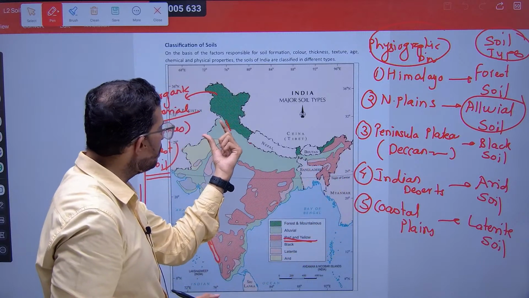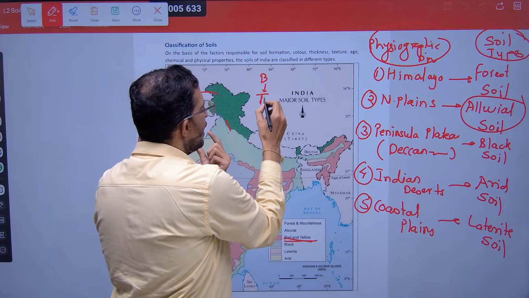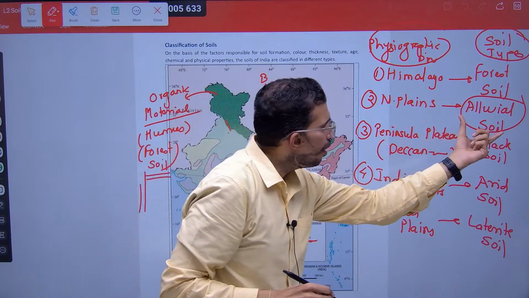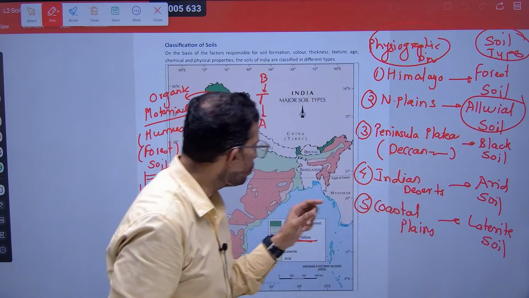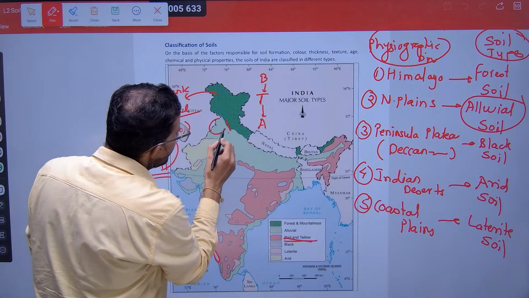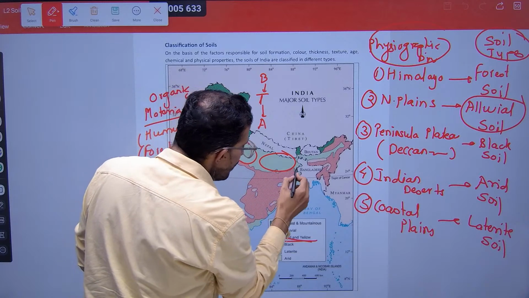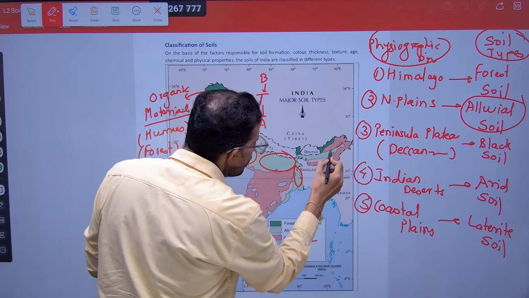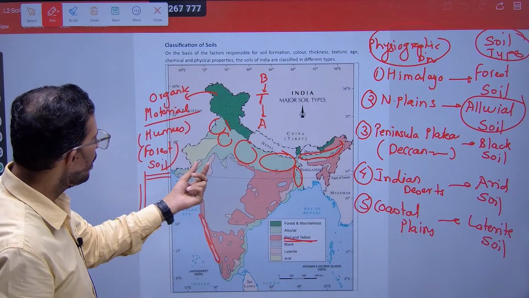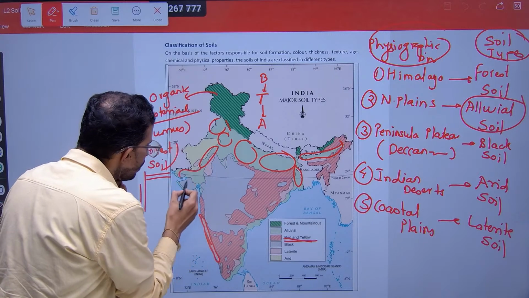So in the northern plains we have seen the Bhabar region, then Tarai region and the alluvial region, and this alluvial region corresponds to the formation of the alluvial soil. The geographical extent is Punjab, Haryana, UP, Bihar, West Bengal, and due to the Brahmaputra, the Assam region. They have also extended to parts of Rajasthan and Gujarat.